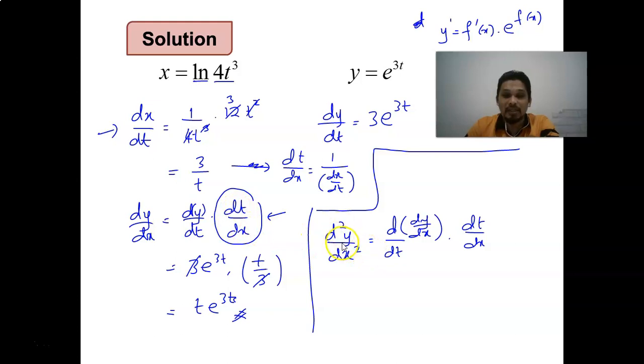Now, the second derivative means that we differentiate dy dx with respect to t multiplied with dt dx. For dt dx, we are reusing the result, where dx dt is 3 over t and dt dx is 1 over dx dt, or t over 3.